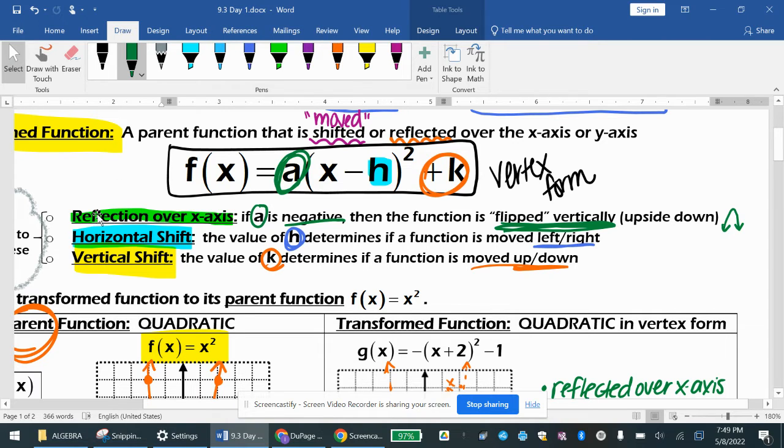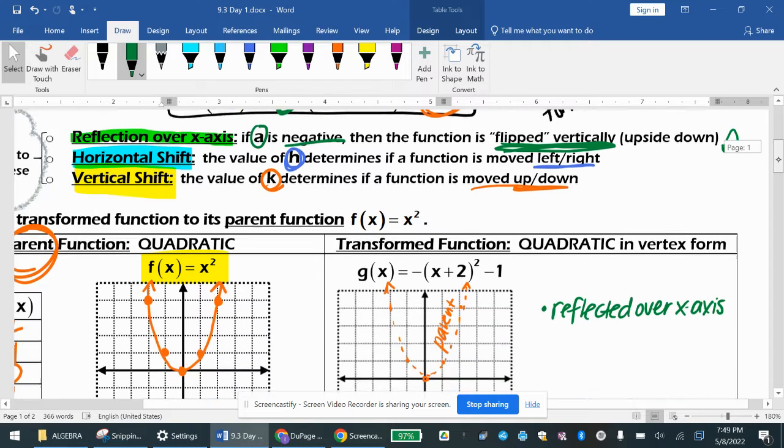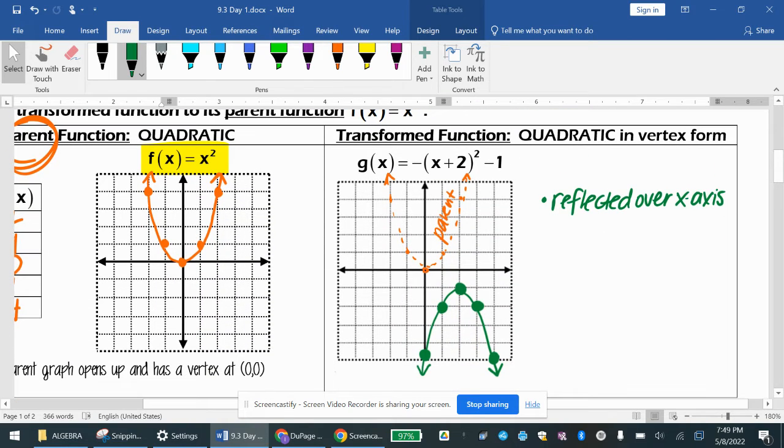So you can see right here, reflection over x-axis. So fue reflejada sobre el valor o la línea de X. So here's the x-axis. The parabola got reflected.